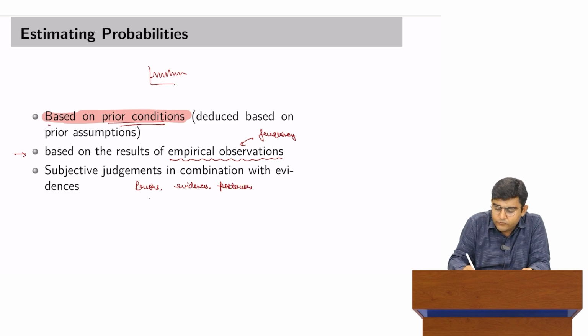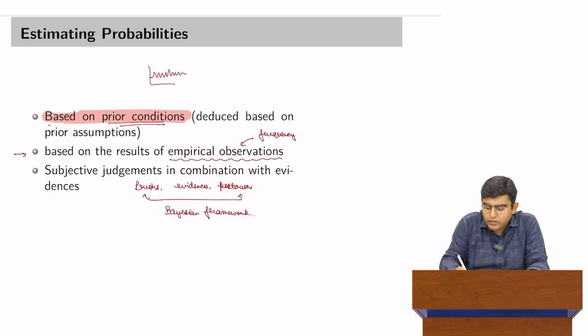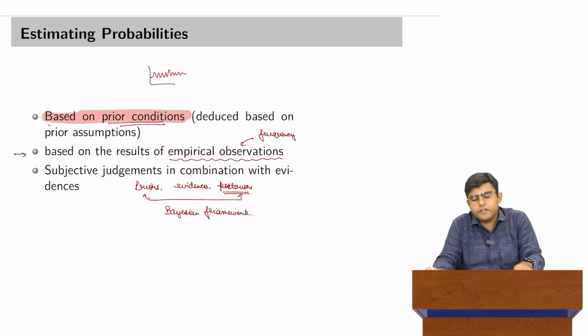And these three words are often combined together in Bayesian frameworks. You might have heard of Bayes' theorem. Bayes' theorem exactly does that: it combines certain subjective judgments, what we often call priors, with the evidence to come up with an updated probability or updated posterior of the event under consideration.